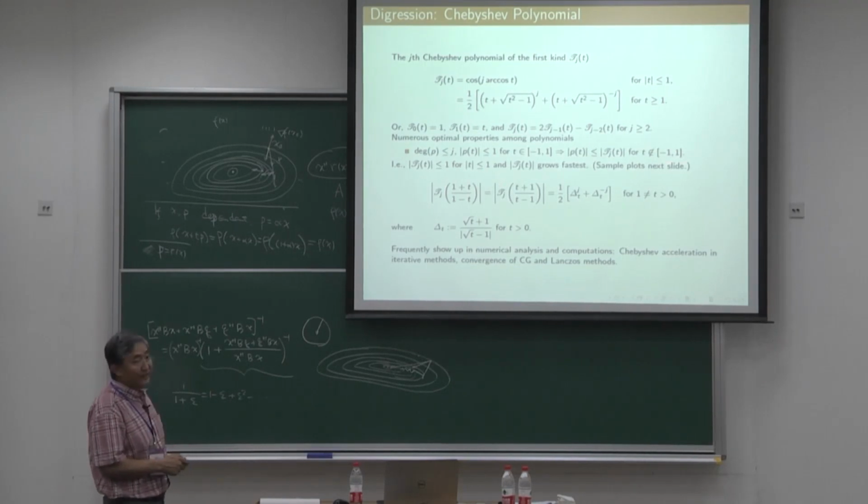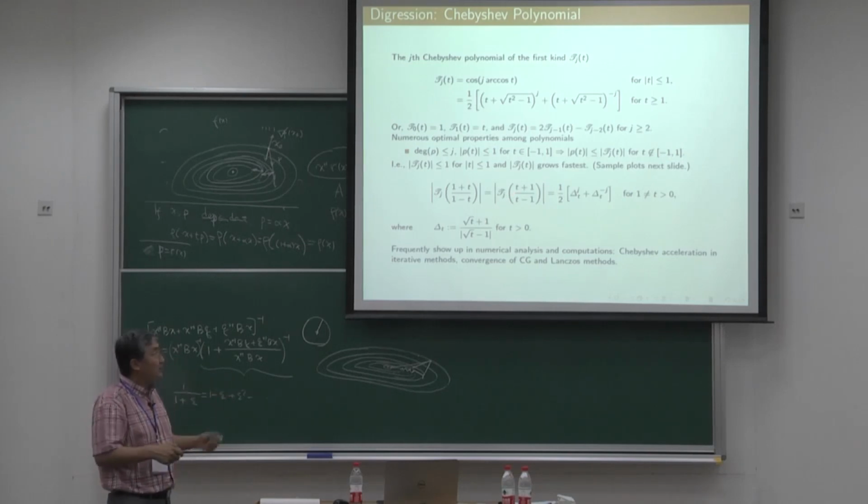You can quantify this by computing the Chebyshev polynomial. You look at t bigger than 0, then (1 plus t) over (1 minus t), which is outside -1 and 1 for any t that's not 1.